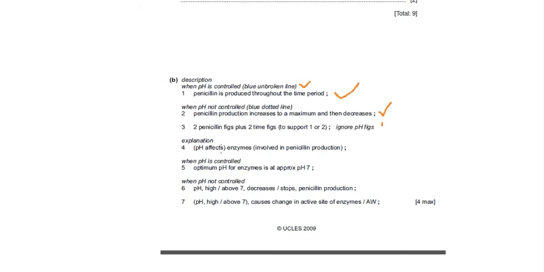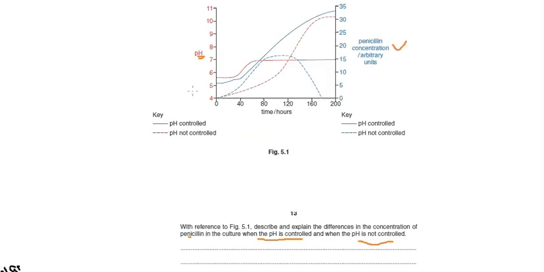Then the explanation: pH affects enzymes involved in penicillin production. When pH is controlled, the optimum pH for the enzyme is approximately pH 7. When pH is not controlled, pH high above 7 decreases or stops penicillin production. Using this other graph, for pH control, at 200 hours it has reached 7, the optimum, so the concentration keeps on increasing because the pH is constant.